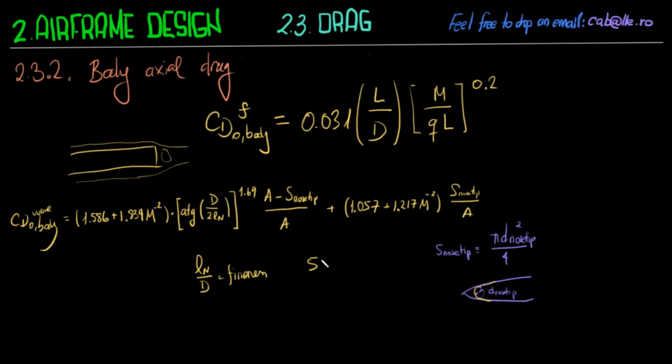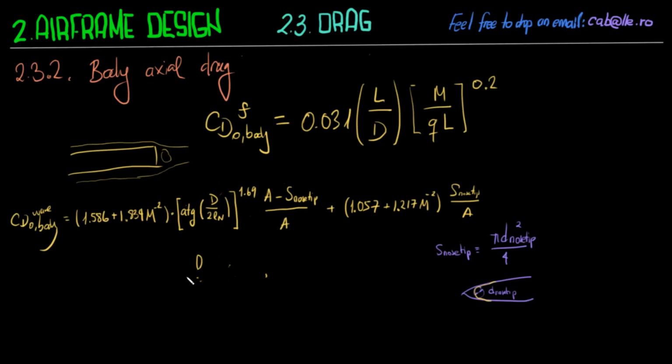Higher than 5, kind of strange. Haven't seen that much, but it's your task to see what fineness ratio you give it. This is systems engineering, so there is no one best solution. I'm just giving you all the tools, and then it's your task to see what's the best for your rocket.